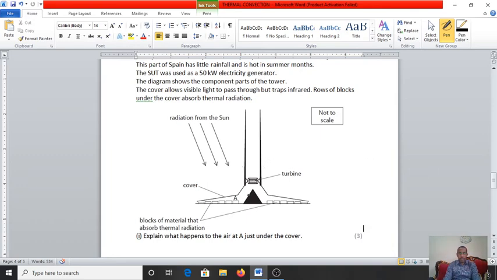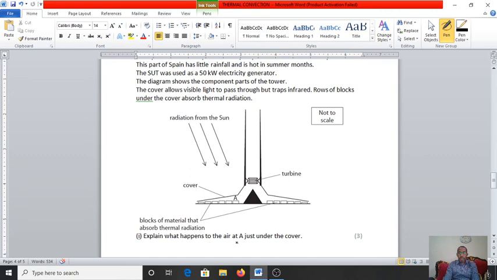It has a turbine. Then there is a cover. They're saying the cover allows visible light to pass through. So this radiation from the sun passes through, but the infrared radiations are trapped here. This is an example of the greenhouse effect, but it's a topic for another time. Bottom line is that the infrared radiations are trapped inside here, and they make these blocks of material warm. These small rectangles you're seeing here, they heat up.